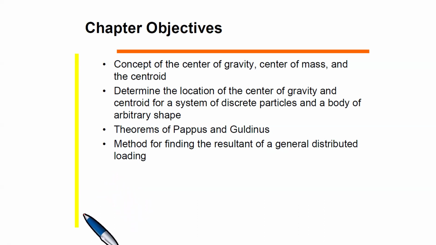Now, what are the keywords here? The keywords are the specific concepts of interest as chapter objectives, which are the center of gravity, the center of mass, and the centroid. These are the most important concepts that you need to learn.